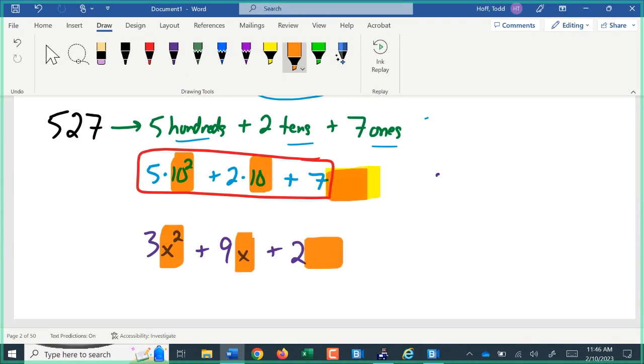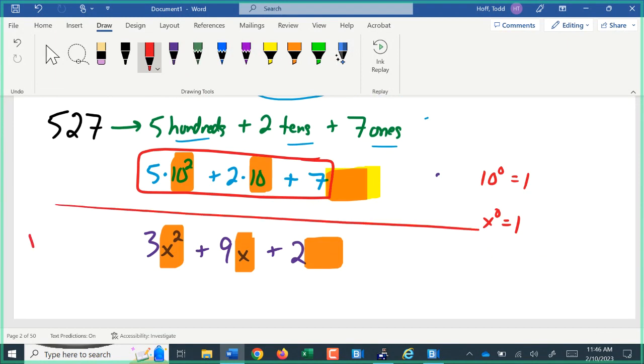We still have ones because 10 to the 0 equals 1, but x to the power of 0 also equals 1. Anything to the power of 0 equals 1. So the last digit is always the ones place, no matter what base number system we're working in. So when we look at our polynomials, it's really nothing more than base x numbers.